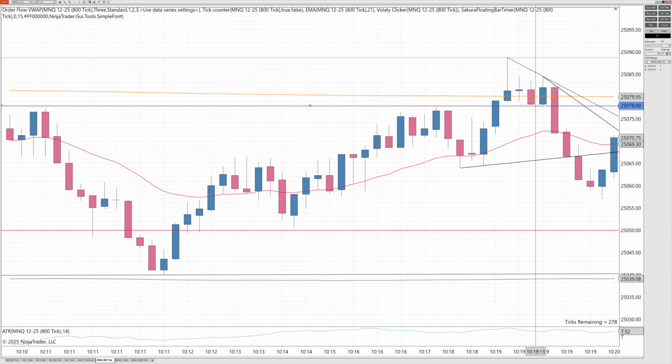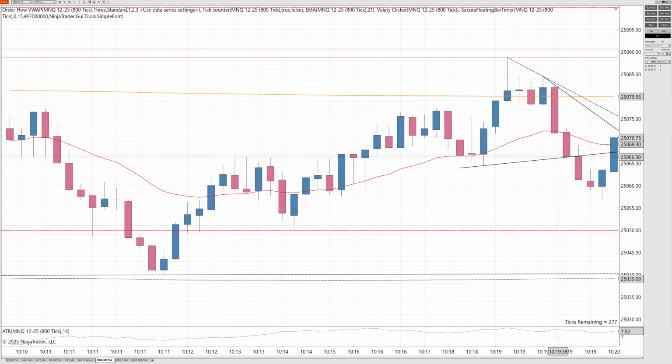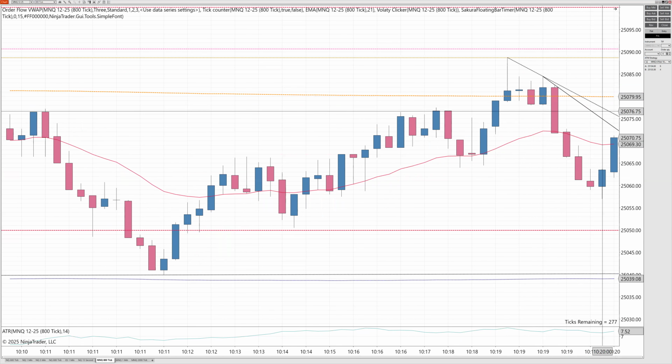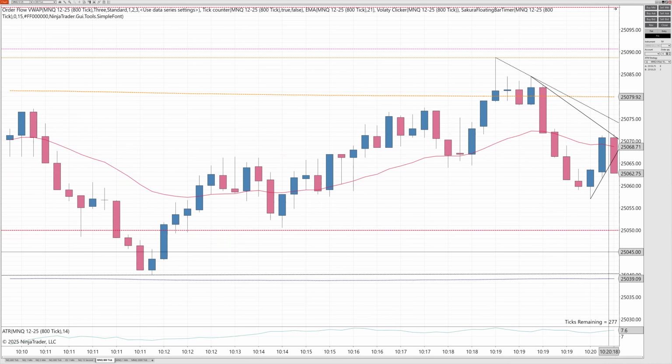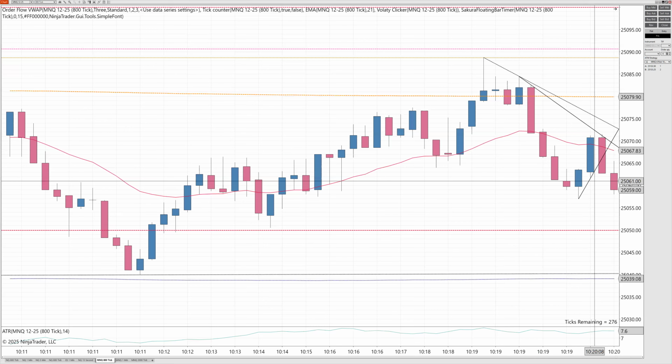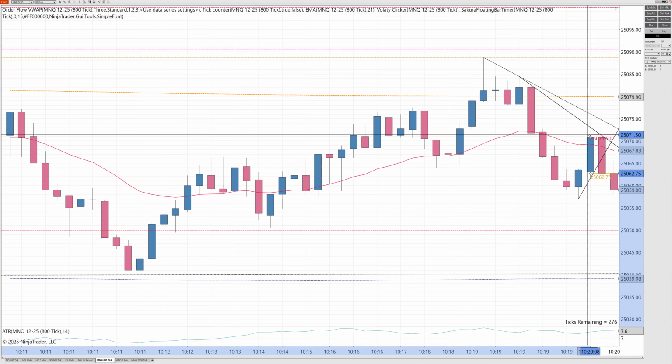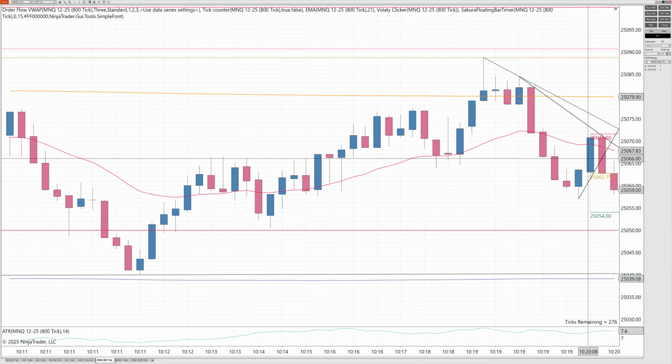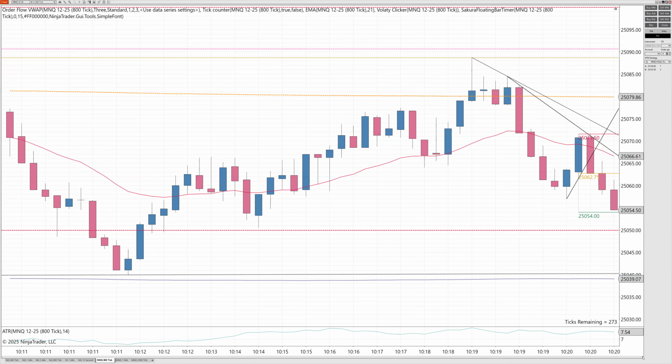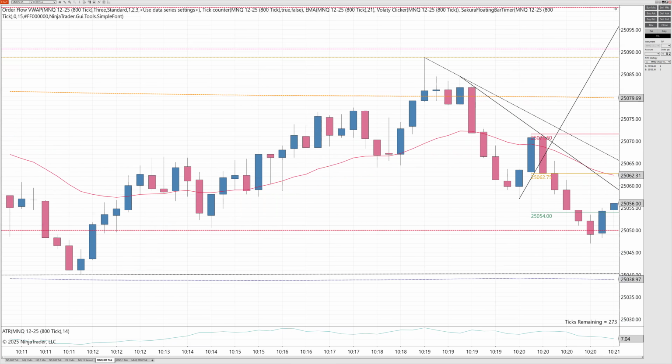All right, now we're getting a signal to go back up, but we have all that resistance overhead. And you could see almost immediate rejection. We can't take this candle because it stopped out this one. Did end up working though. Runner gets taken out.